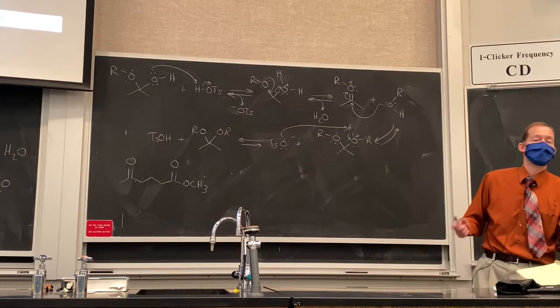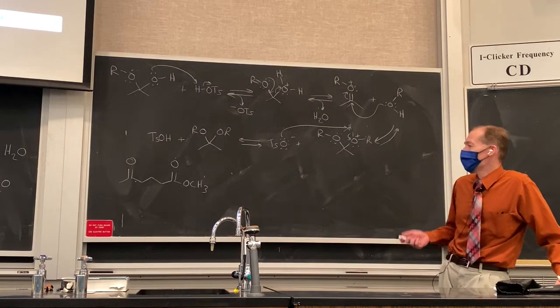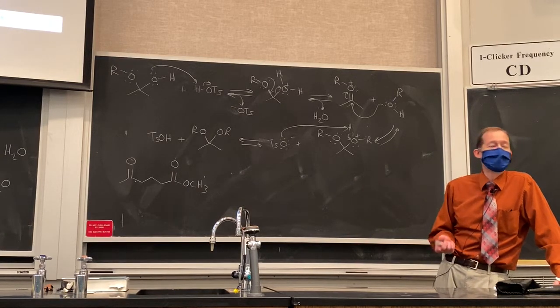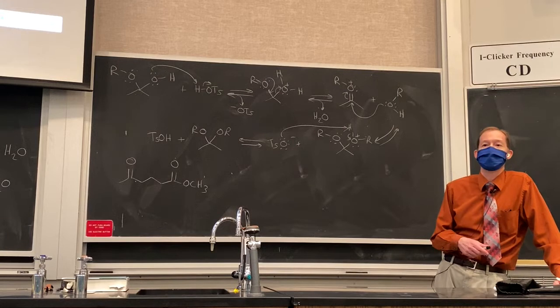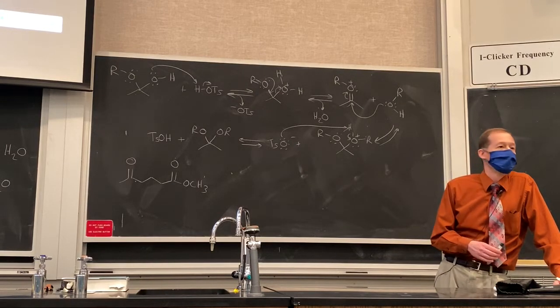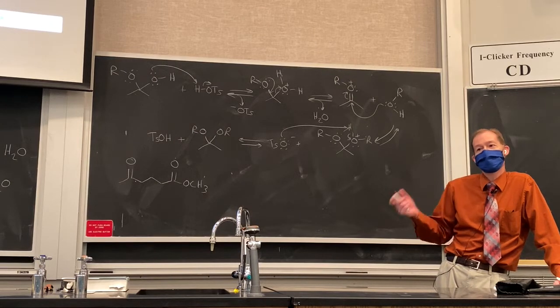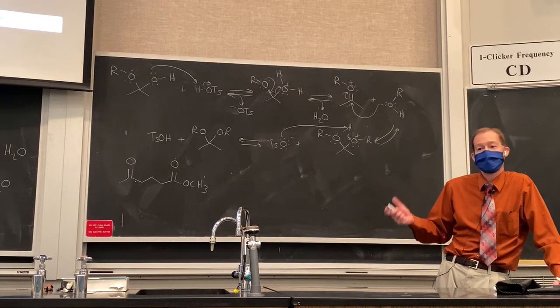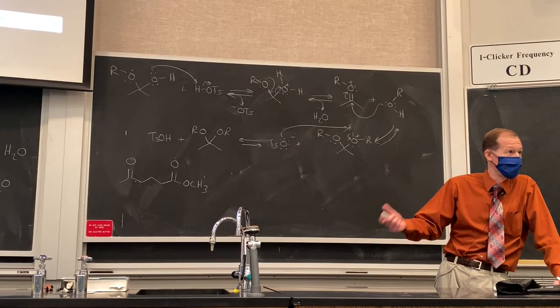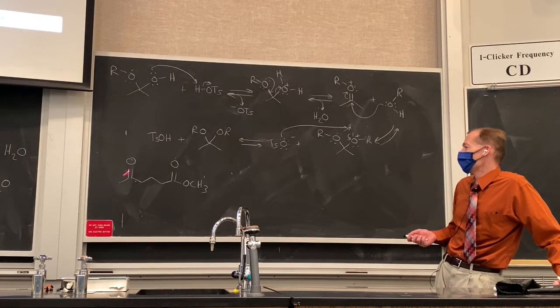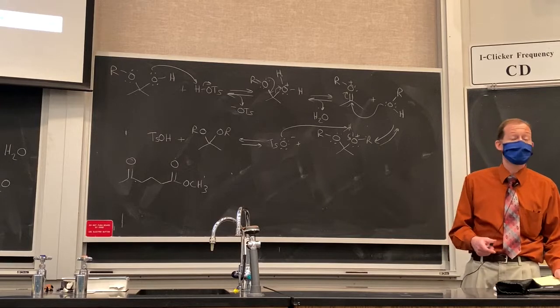Let's say we want to reduce the ester, but not the ketone. Do we have any reagents that will reduce esters, but not ketones? The answer is no, we don't. Any reagent that's going to reduce an ester is also going to reduce a ketone. So we cannot reduce the ester without reducing the ketone.